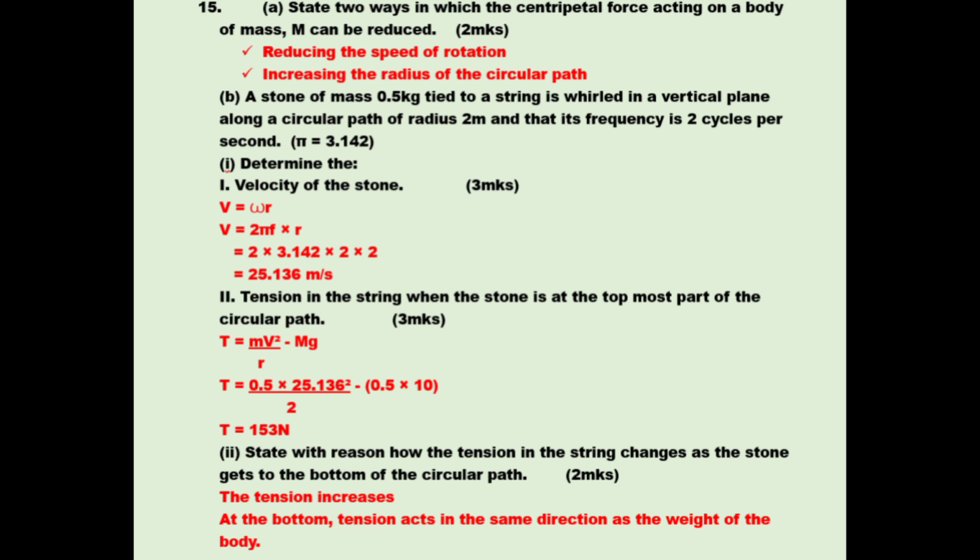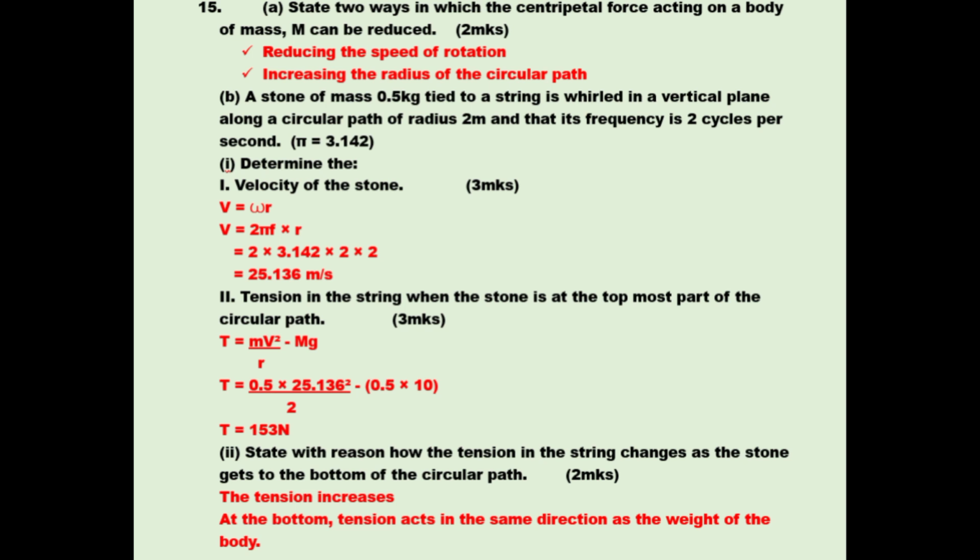Let's go to Roman 2. Tension in the string when the stone is at the topmost part of the circular path. At the topmost part, we know tension is given by centripetal force minus weight, that is mv squared over r minus mg. That means you replace the values.